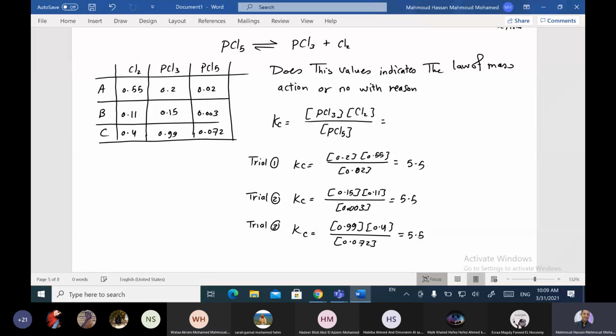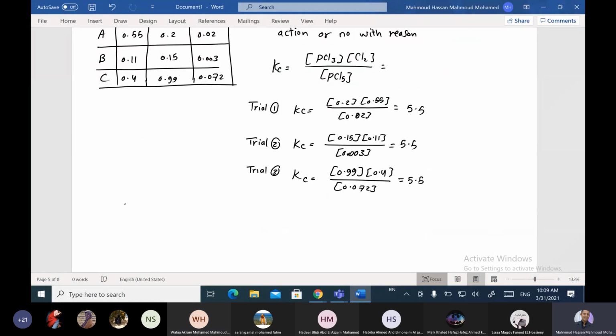So as we find, the Kc values are equal in all trials. This indicates the law of mass action.